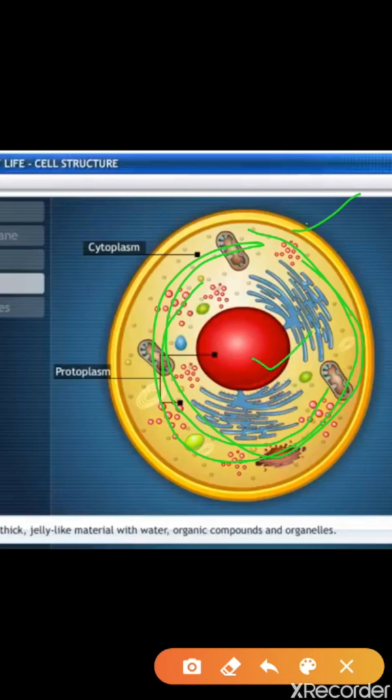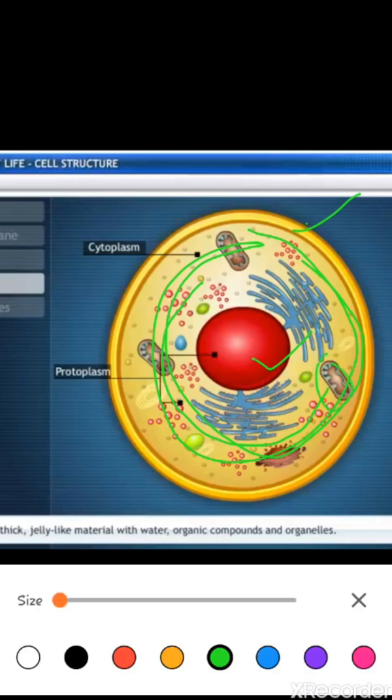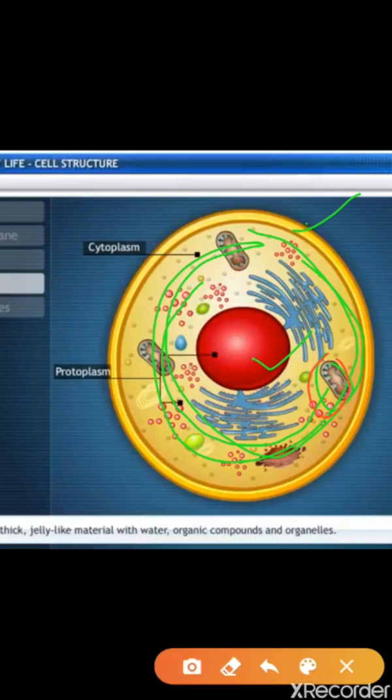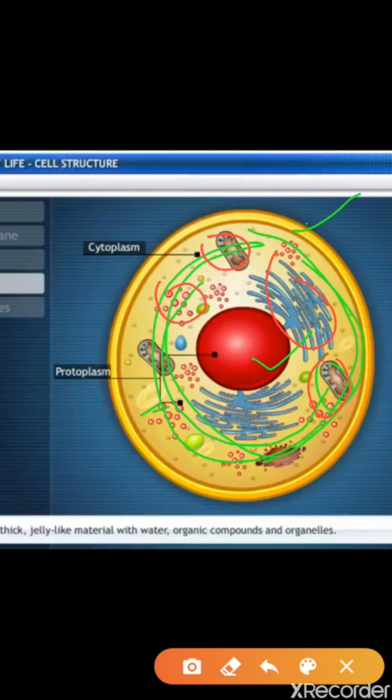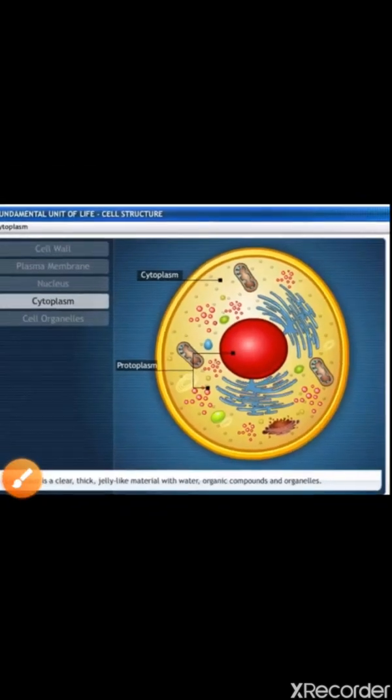In between, whatever jelly-like substance we are able to see, not these cell organelles, not this one, not this one, because these are all cell organelles. These jelly-like substances are the cytoplasm. So what is the function of cytoplasm?